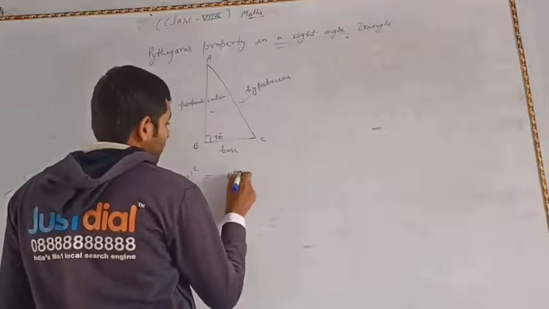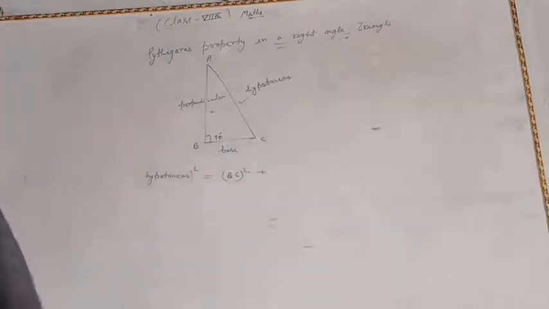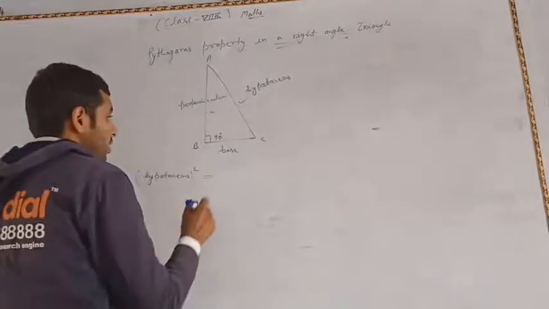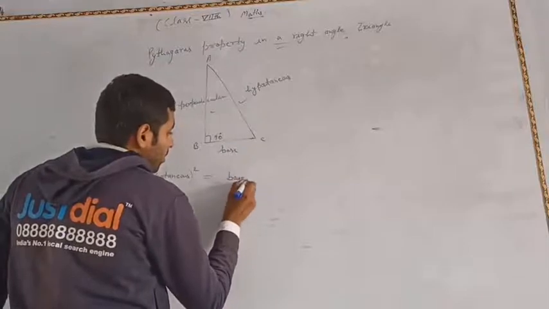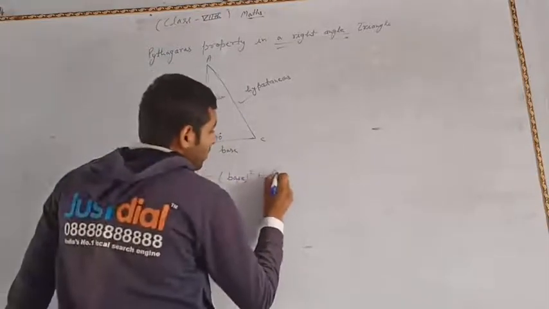First of all, we have to write base square plus perpendicular square.